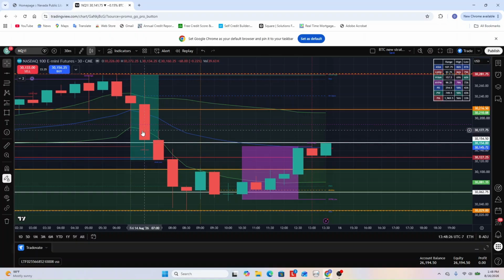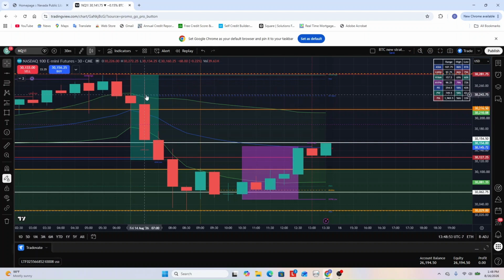The next area that it will go to will be this 30,177, and then from there 30,216, then 30,226.